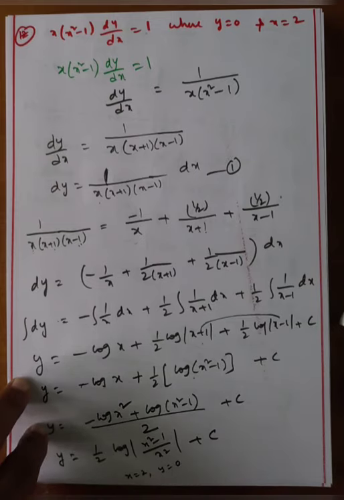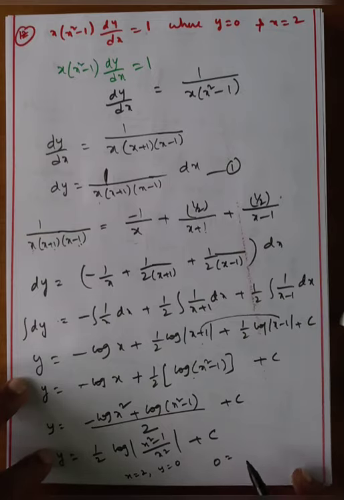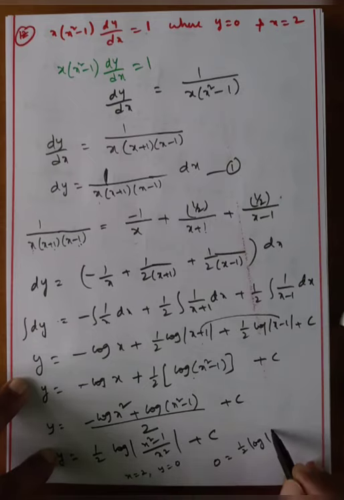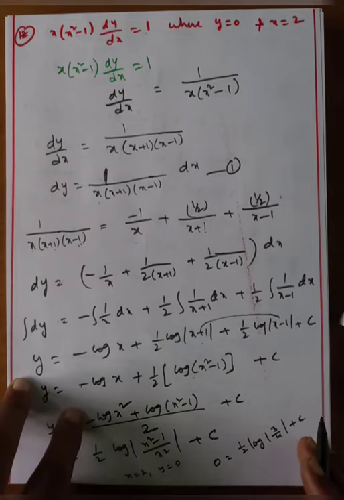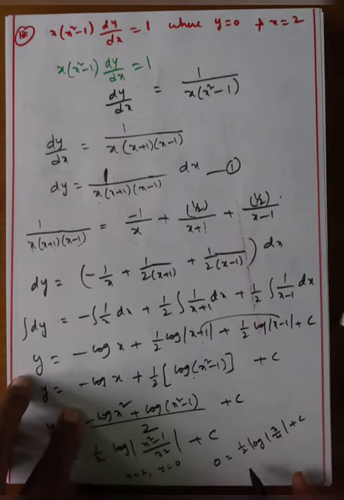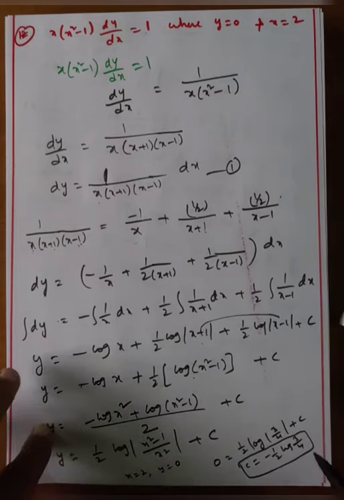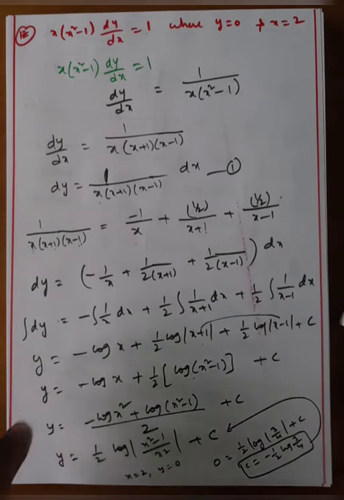Putting y equal to 0 and x equal to 2: 0 is equal to 1 by 2 into log of (4 minus 1) by 4, that is 3 by 4, plus c. Now c is equal to minus 1 by 2 log of 3 by 4. This is the value of c. Now we substitute this value in the equation and we will get the answer.